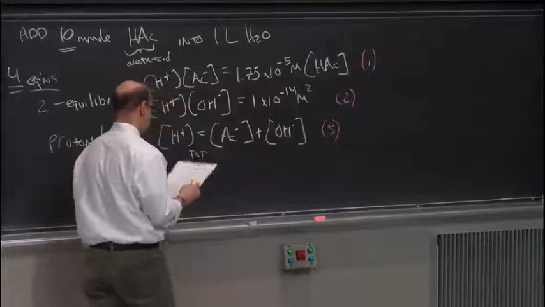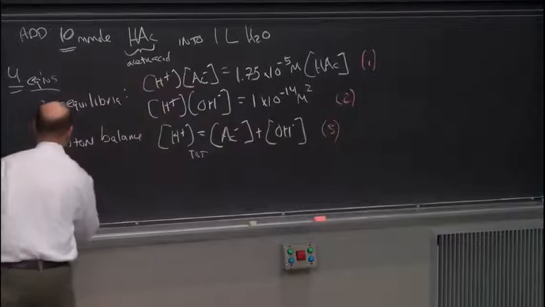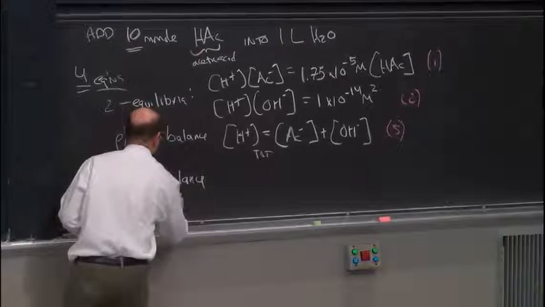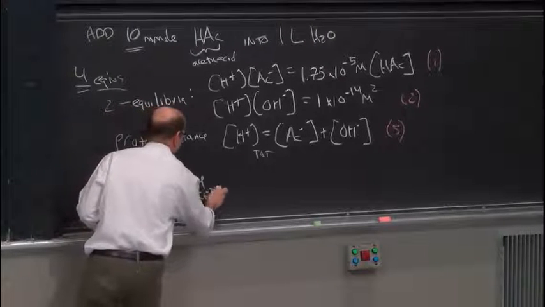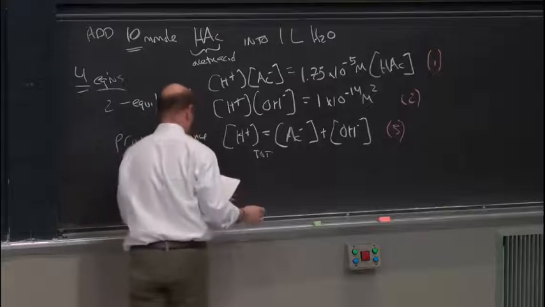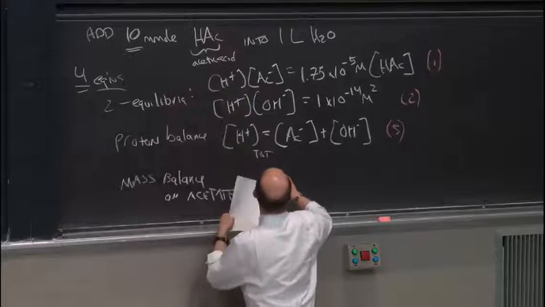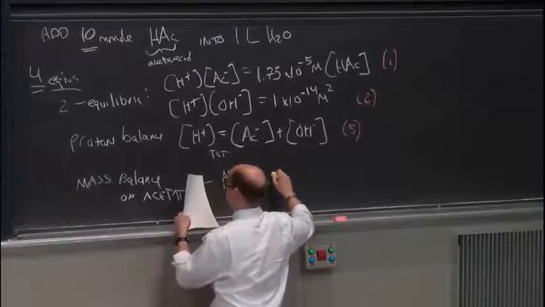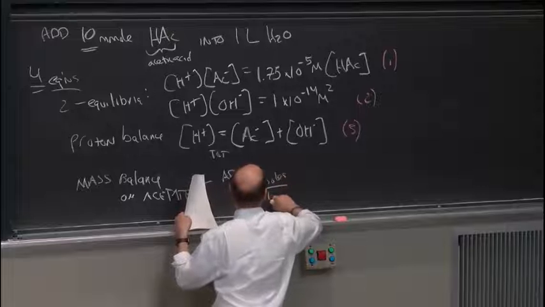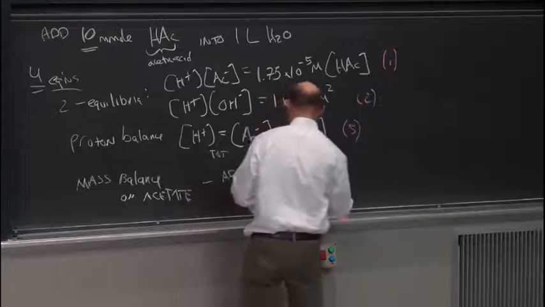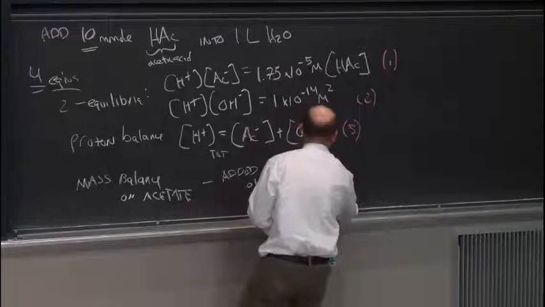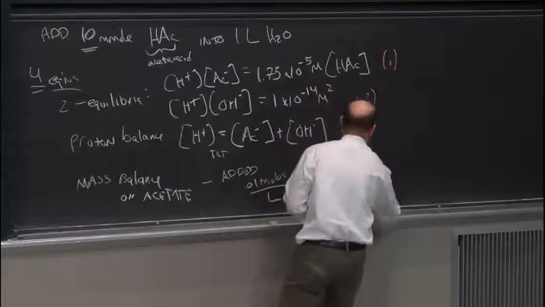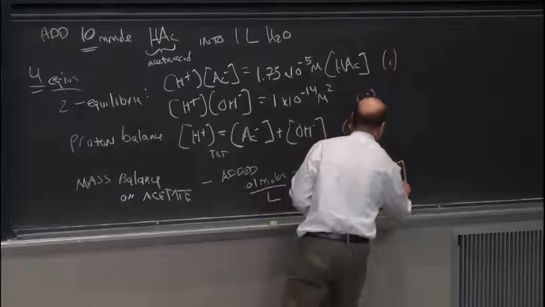And then the last equation is a mass balance on the acetate. Okay? You know that I added a total of 0.01 moles into a liter, and this has to equal, therefore, the concentration of acetate anion that I finally end up with, plus the concentration of acetic acid that hasn't dissociated.